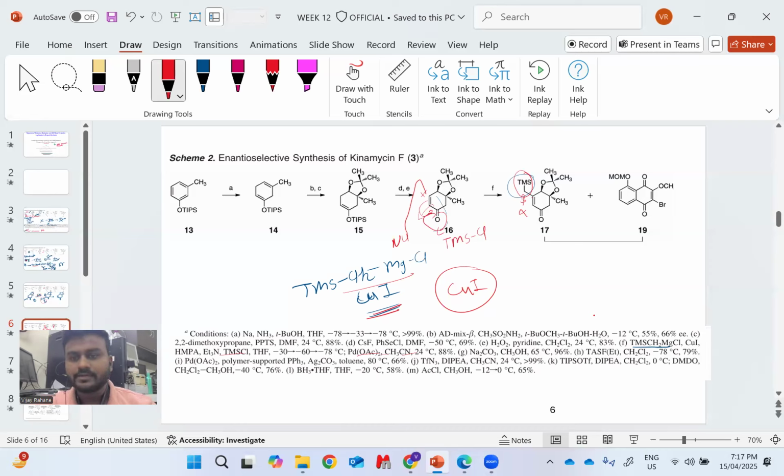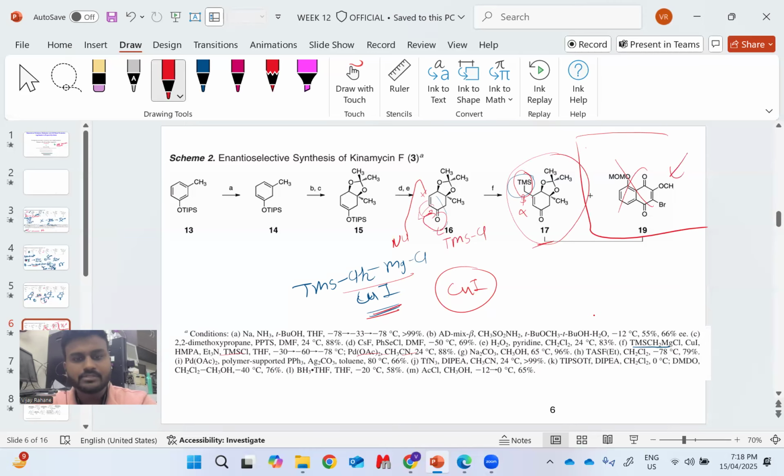The side product comes from another step. So it forms this 17 as a product.